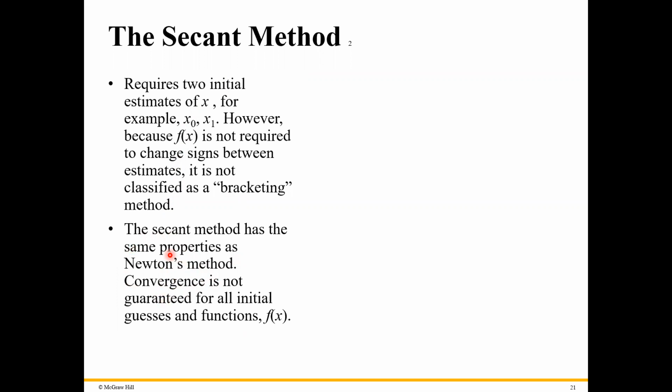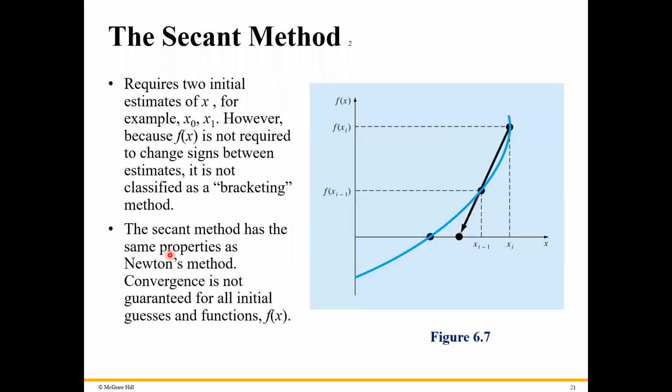The only advantage of this method over the Newton-Raphson method is that for those cases where we cannot easily find the derivative analytically, we can find the root of the equation by this method.